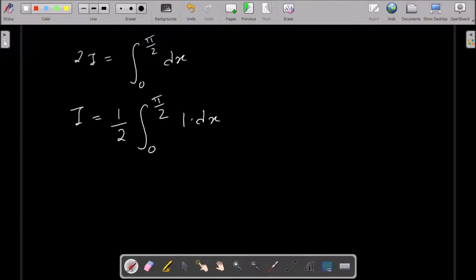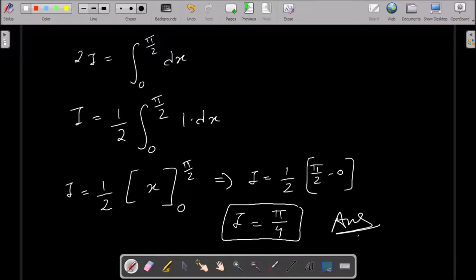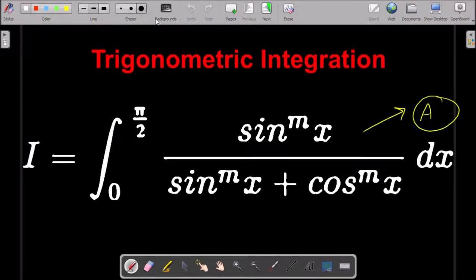Integration of 1 is x only, from 0 to pi by 2, so I equals half of pi by 2 minus 0. So I equals pi by 4. This is the answer. I'm writing here also I equals pi by 4.